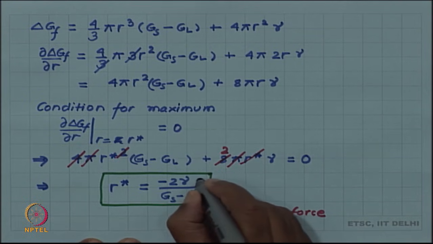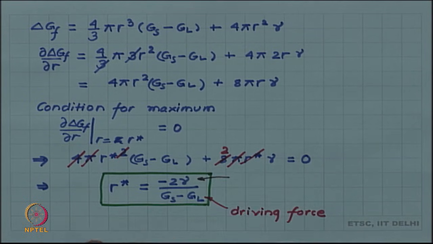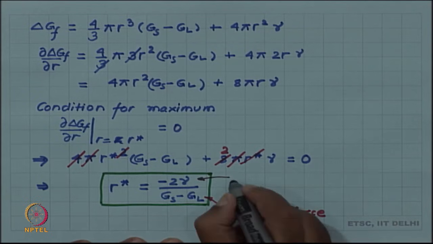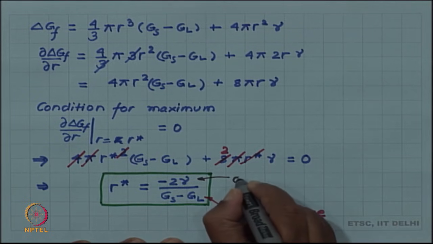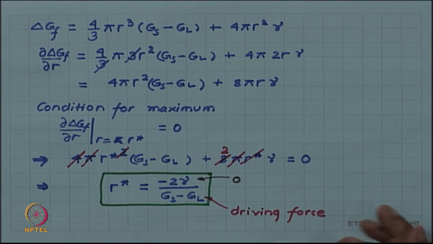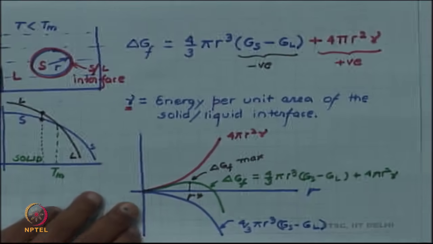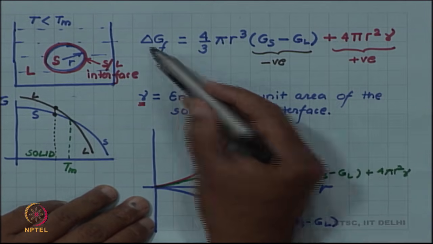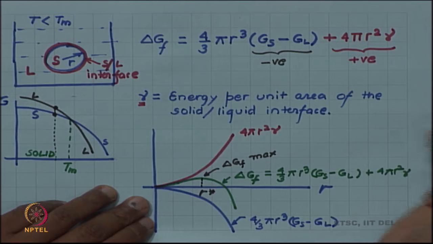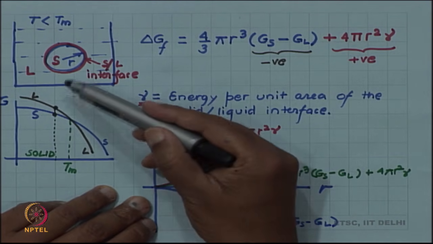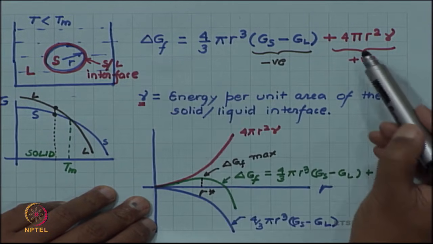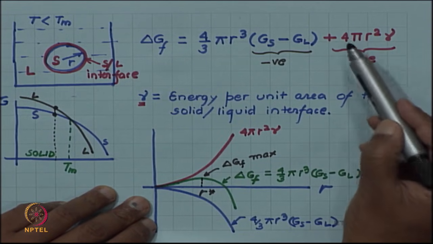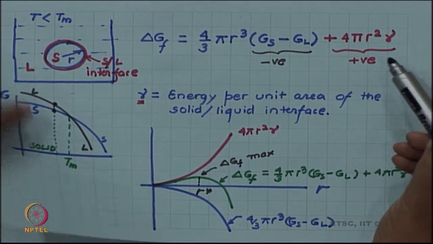On the other hand, you can see that gamma is in the numerator. This gamma is actually an obstacle to nucleation. We saw that the surface energy term was making a positive contribution to delta G f, which is thermodynamically not liked. If the transformation has to happen, you want to reduce the free energy and not increase it, and 4 pi R square gamma was trying to increase the energy of the system.